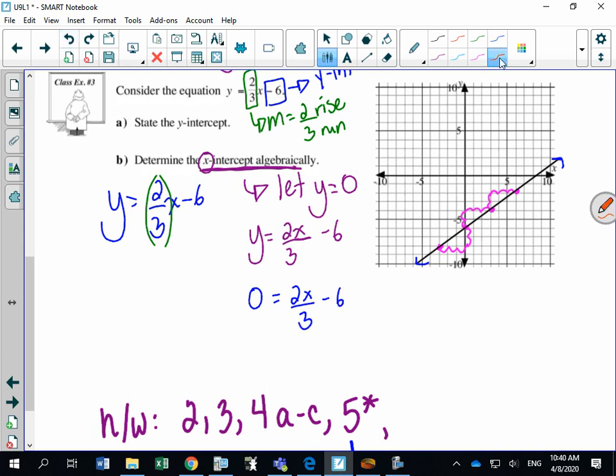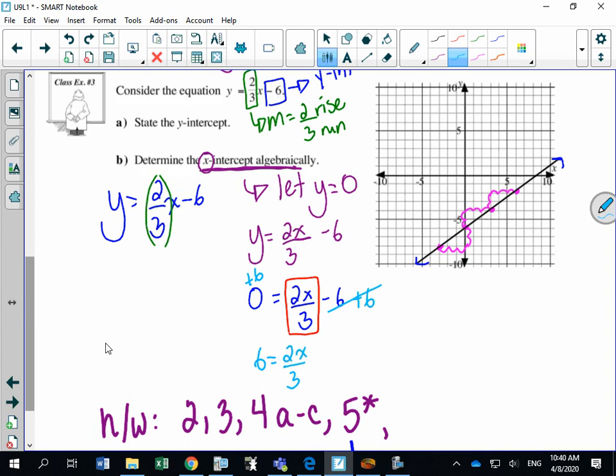Okay, to solve for x, leave this by itself and get rid of that minus 6. How do you get rid of a -6? You add 6 to both sides. And I will have 6 is equal to 2x over 3.